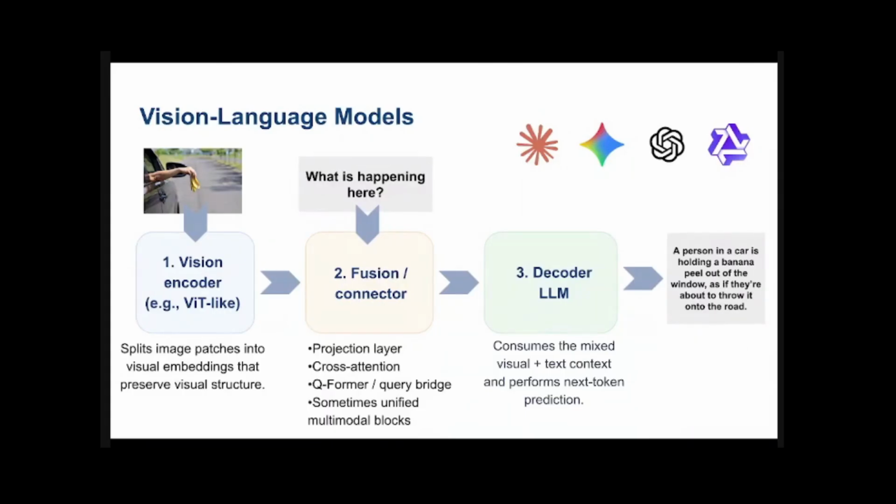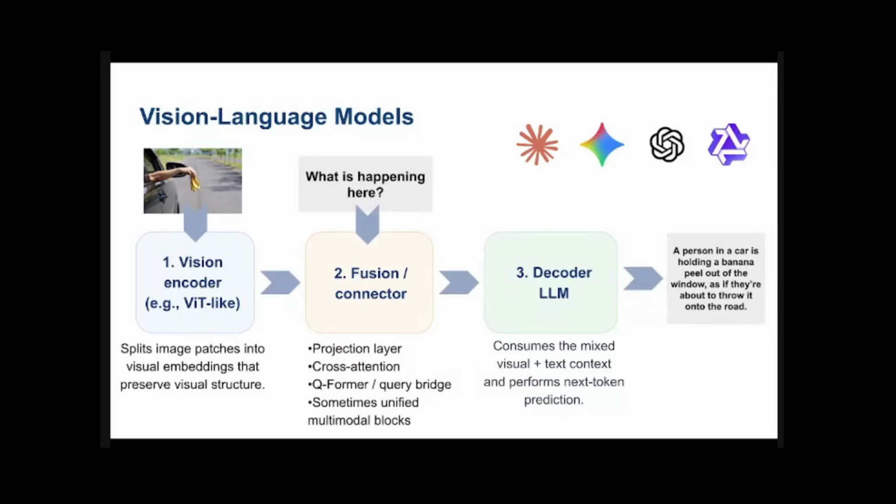And yeah, it's a very broad category of research. For vision encoders, I can say that very often a CLIP-like model is used. And for the fusion connector, this really varies depending on the model that we are analyzing.